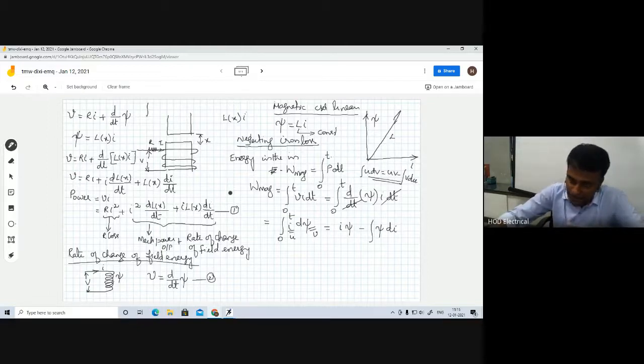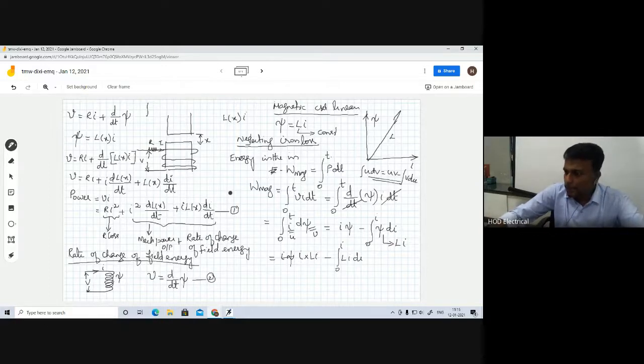Whenever the time is changing from 0 to the time period, the current is changing from 0 to I. Psi is nothing but L into I. So we have I into L into I, minus the integral from 0 to I of L I into dI.